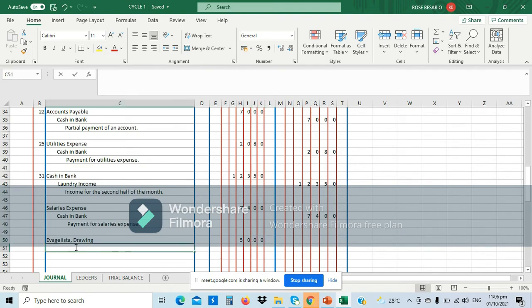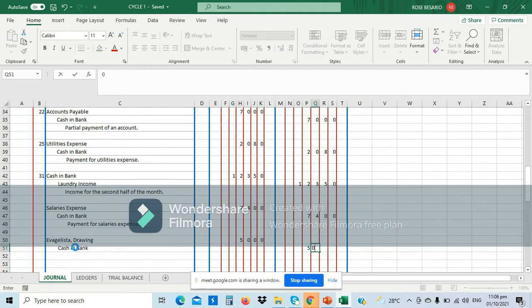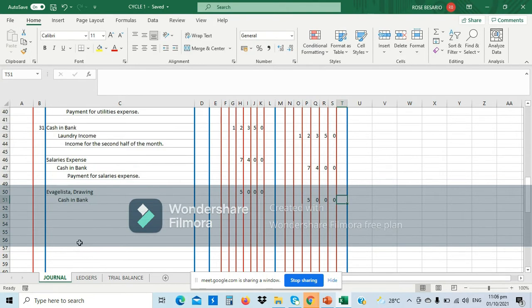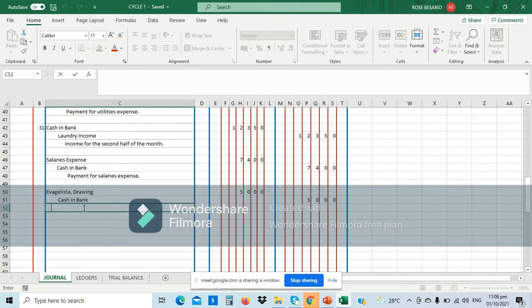Then we credit cash in bank 5,000. Then our explanation is withdrawal by owner.